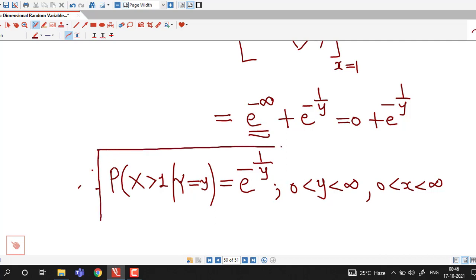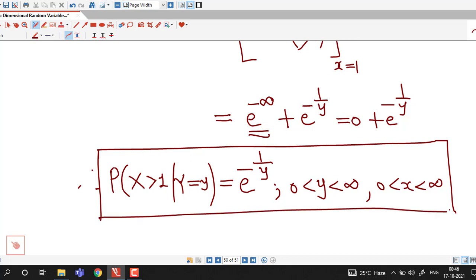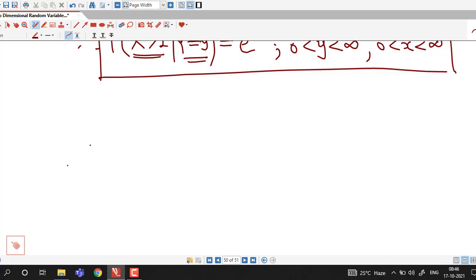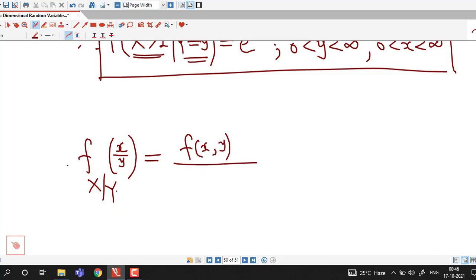So in this way we can find the probability of this type of conditional event, the probability of an event given that another event is already there. For that we use conditional probability density functions. We will remember that the conditional density of x given that y equal to y is given by the joint density function divided by the marginal density function of random variable y.